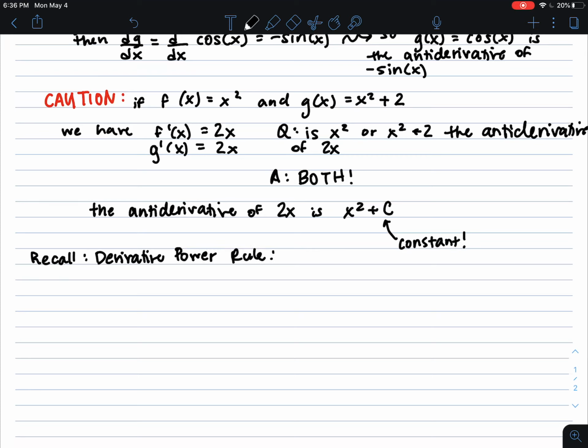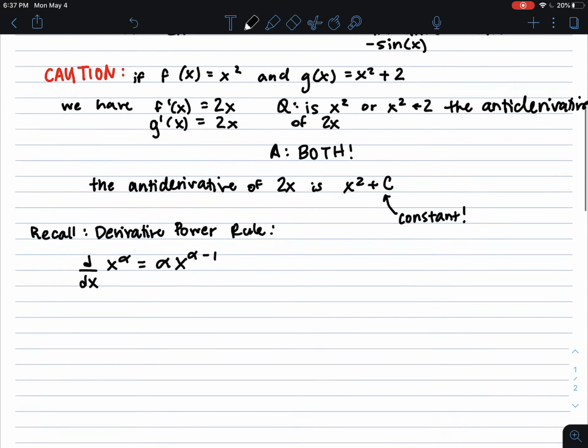It's what we've been using all semester, so hopefully you remember it. It was the derivative of x to the alpha with respect to x is equal to alpha times x to the alpha minus 1. Remember, we just bring down the power and then decrease the power by 1. And that was our power rule.